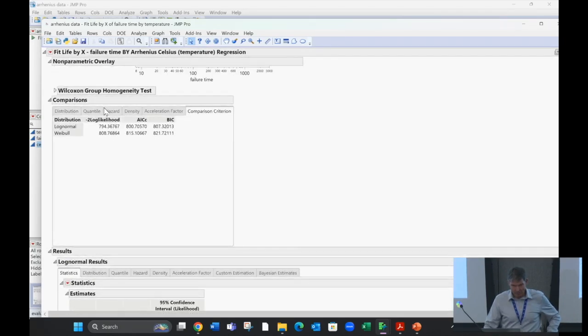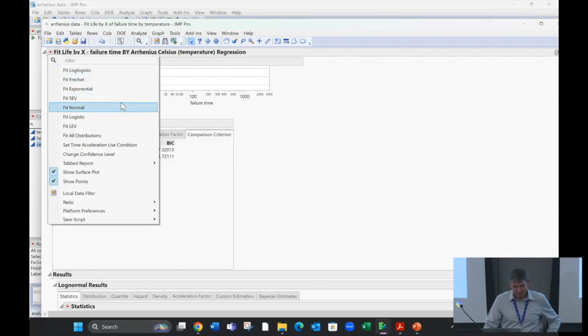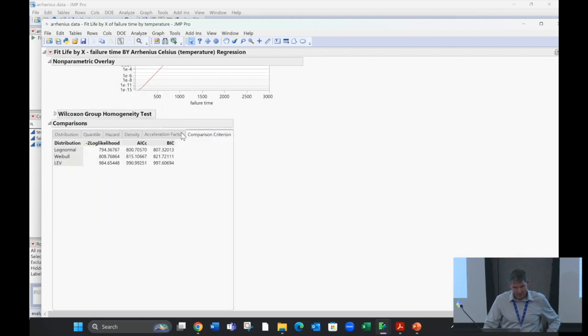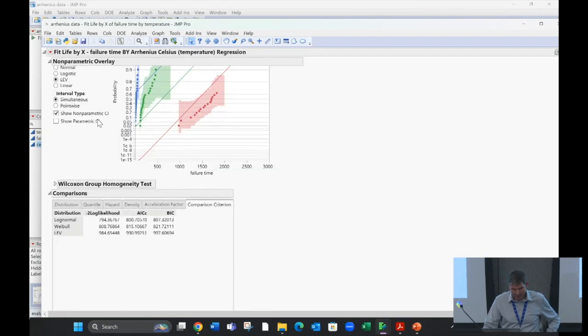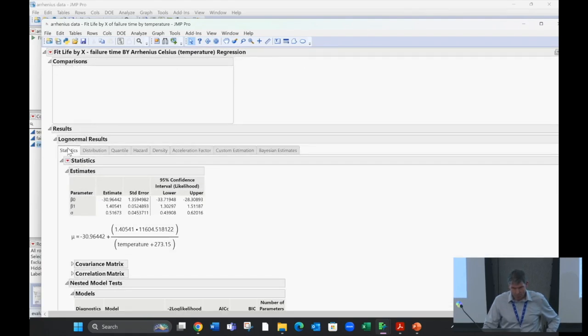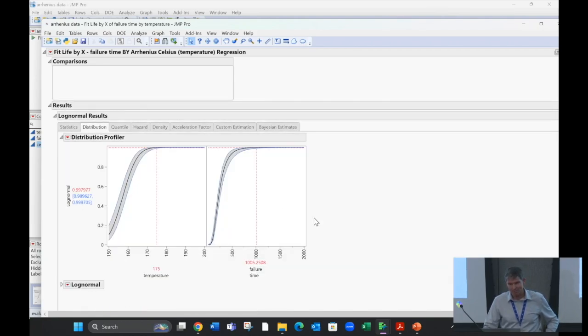I was looking for my densities. Okay, so I'm going to come back down here to my log normal results, and it's tabbed is what I was looking for. So here's my distribution.